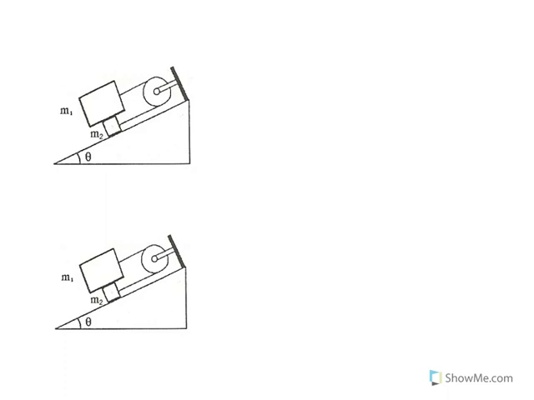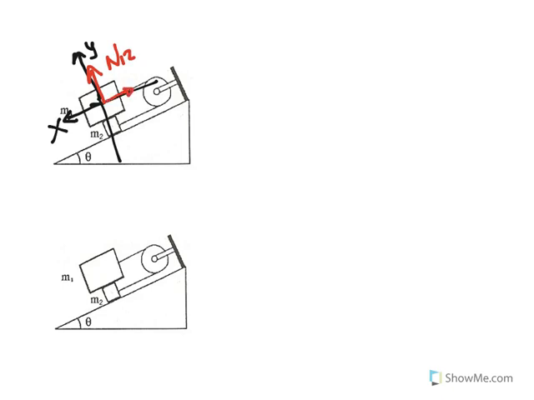Block 1, for instance: we can define the x-axis towards the direction of the acceleration, such that the acceleration will be only projected in the x-axis. The y-axis is perpendicular to the acceleration. In that sense, we can state the forces acting there. The normal force, always perpendicular to the surface of contact, that's the normal between block 1 and block 2.